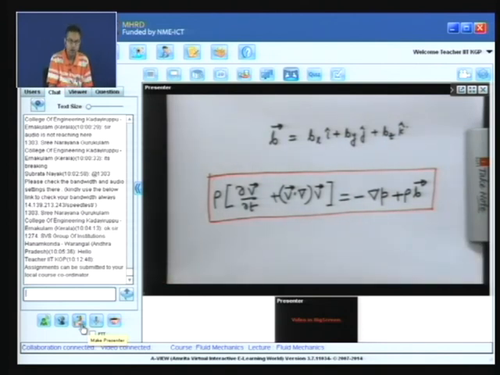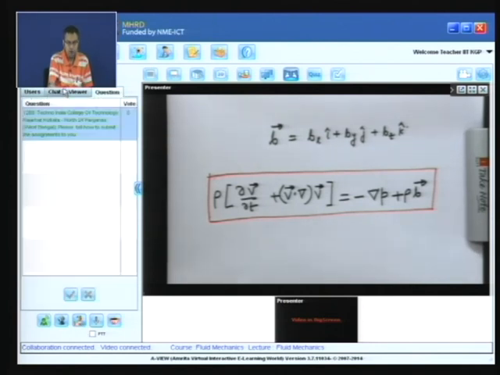Now, we will simplify this equation. Before simplifying, what we will do is describe a vector identity.